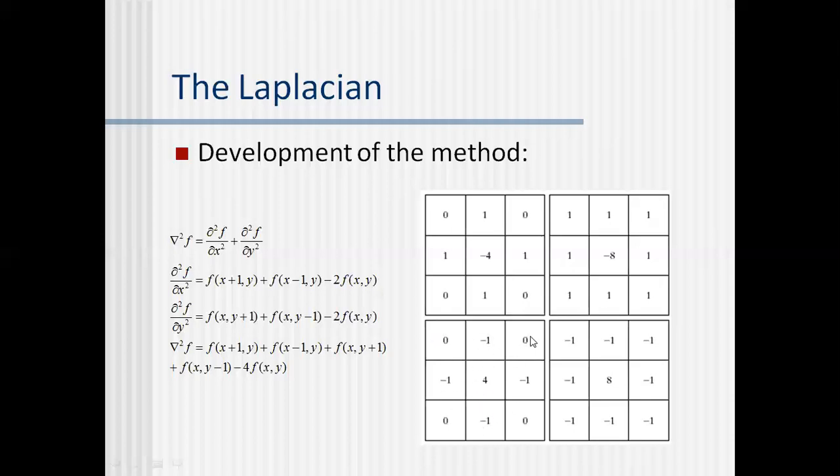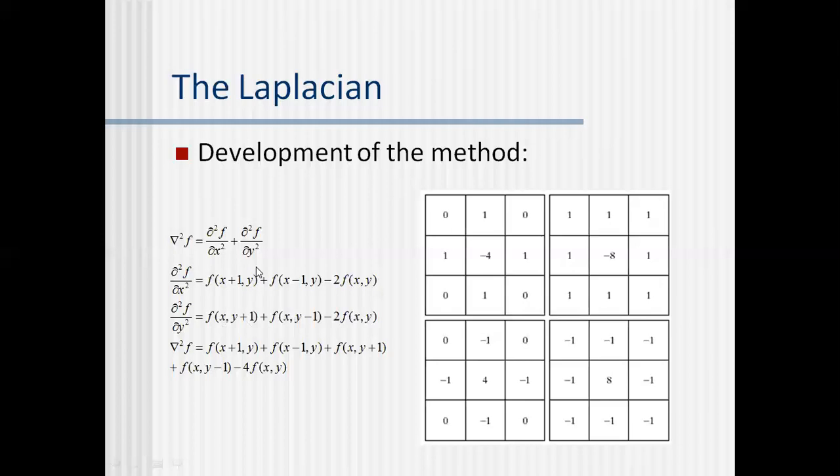In the mathematical expressions, we can say that dou square f by dou x square is equal to f of x plus 1 comma y, f of x minus 1 comma y, minus 2f of x comma y. So that means minus 2 into the reference pixel. In the same manner, dou square f by dou y square, here is x comma y plus 1, either x increment or y increment.